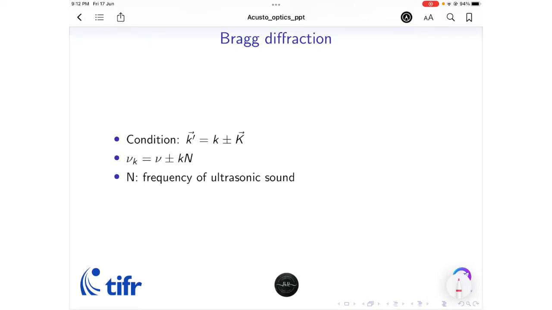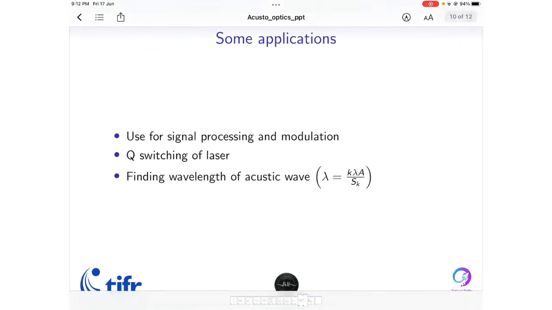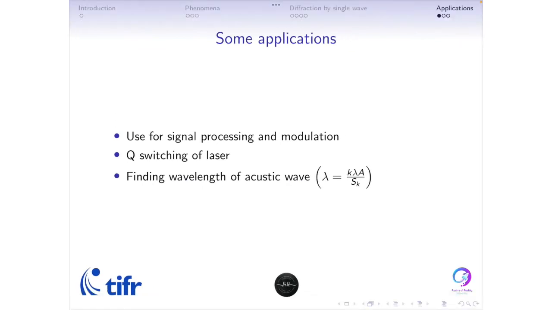Now let's look at some applications. The main use of acousto-optics is in signal processing and signal modulation. Another major application is Q switching in lasers. Another is to find the wavelength of the acoustic wave.